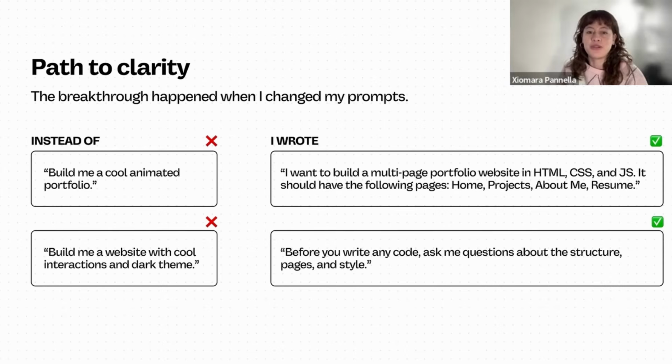That way, Cursor turned from a chaotic generator into a thoughtful collaborator. It really changed the way that I was working with the tool. Something really helpful was also asking Cursor to ask me questions. That helped me a lot in the process, right?